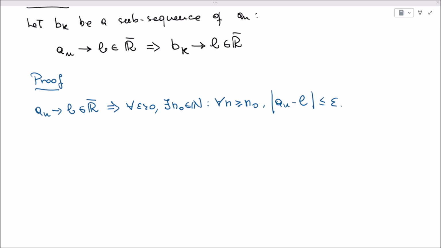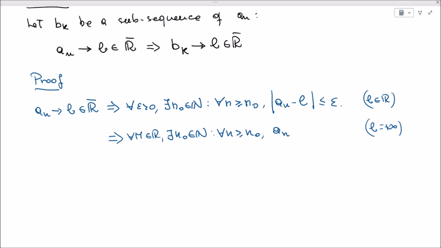Now, this last definition is valid if L belongs to the real numbers. Let's suppose that instead L is plus infinity. Well, in that case, we can say that for every m in the real numbers, there exists an n0 in the natural numbers such that for every n larger than or equal to n0, we have that an will be larger than or equal to m.